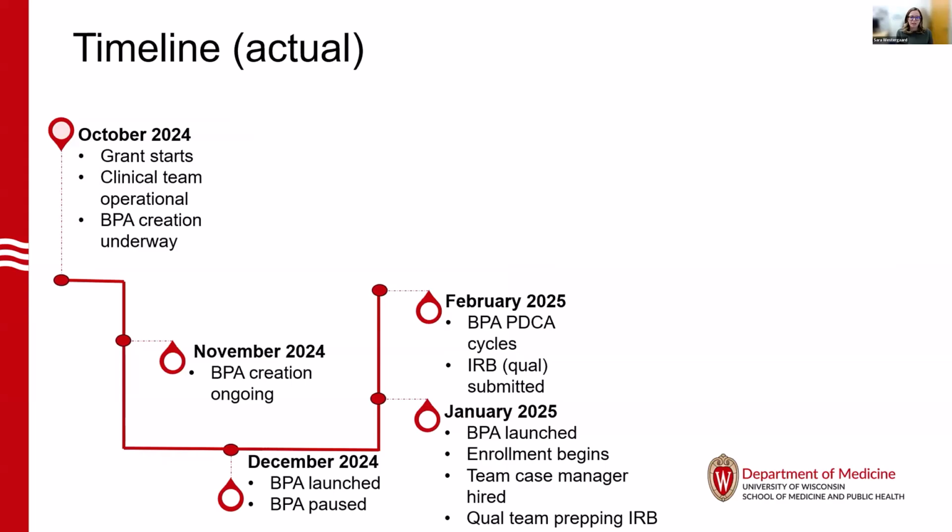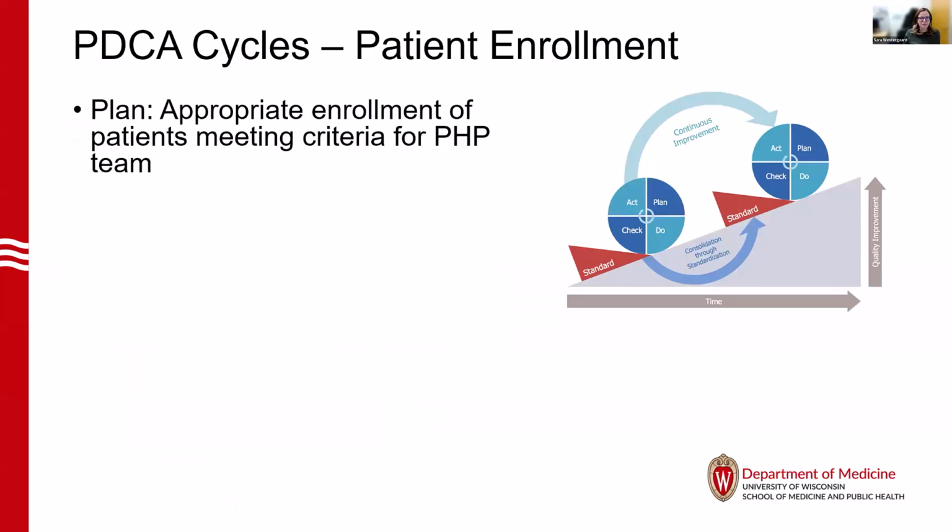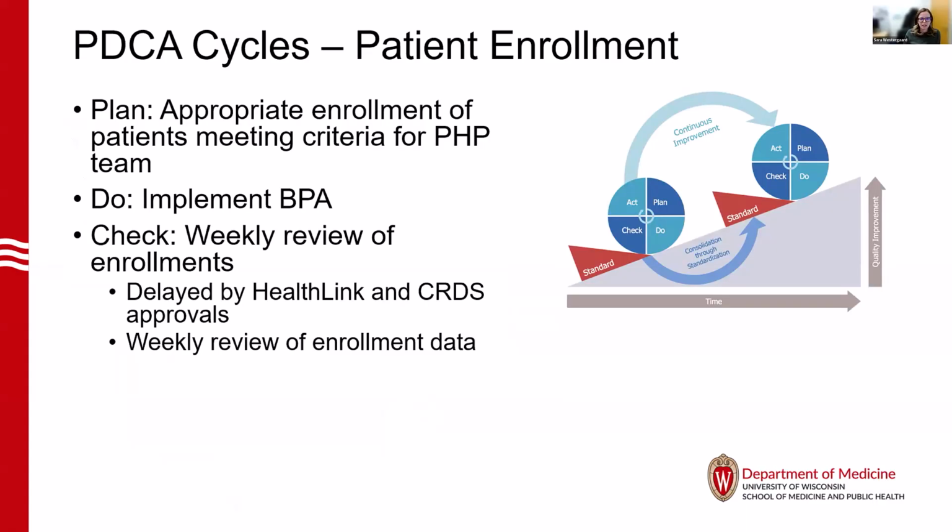So once the BPA was launched, we really wanted to start those PDCA cycles to see whether we were actually getting the patients enrolled that we wanted. Our plan was to make sure we had appropriate enrollment by implementing the BPA, and to do weekly reviews of enrollments.